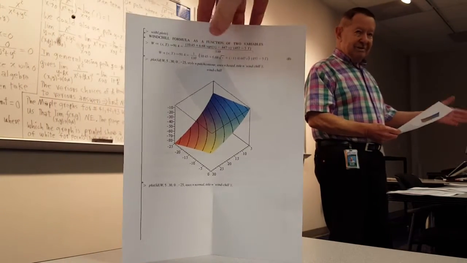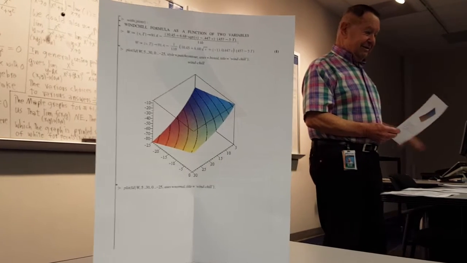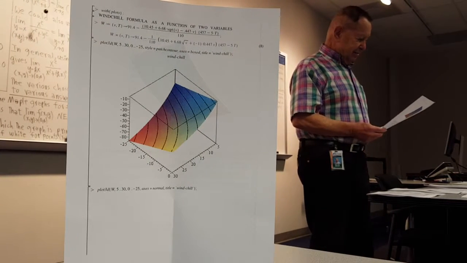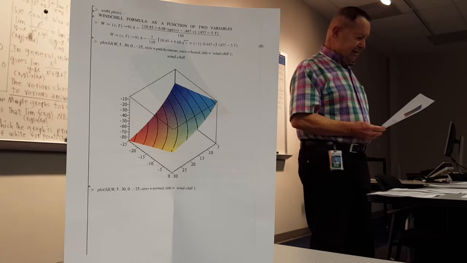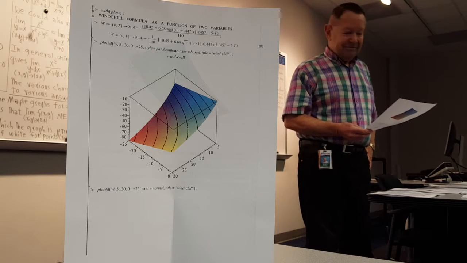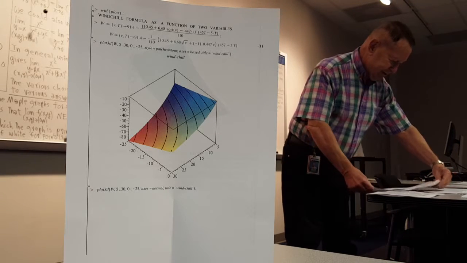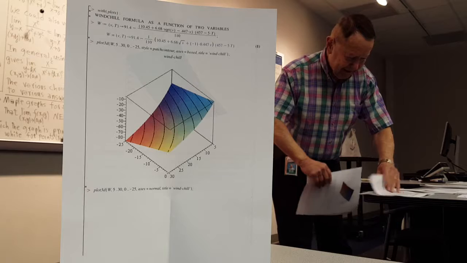And the V would be the velocity, and the capital T is the thermometer temperature. And these numbers are based on experiment by whoever originally cooked this formula up.